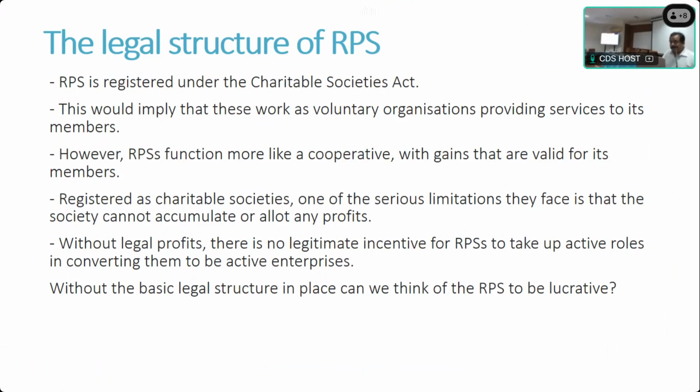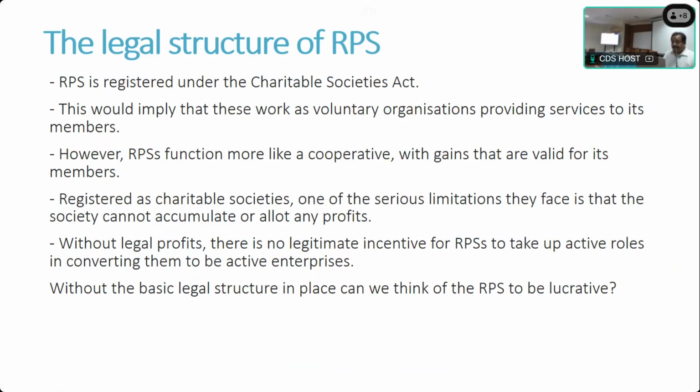Right? Now, registered as charitable societies, one of the serious limitations they face is that the society cannot accumulate or allot any profits. Think of it: you want RPS to function on a voluntary basis. You do not want RPS to function as profit-making enterprises. But it has to be a voluntary organization.